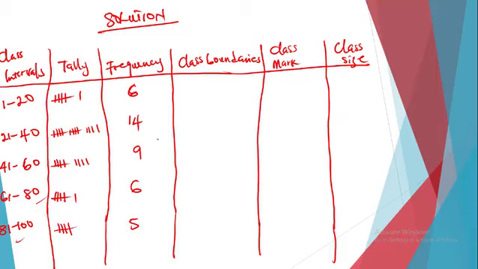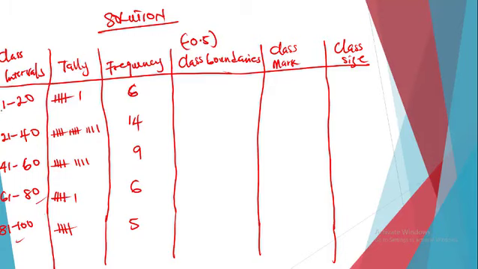Okay, now for class boundaries. How do we obtain class boundaries? We add minus 0.5 to both sides of the class interval. We have 1, so we have 1 minus 0.5 minus 20 minus 0.5.